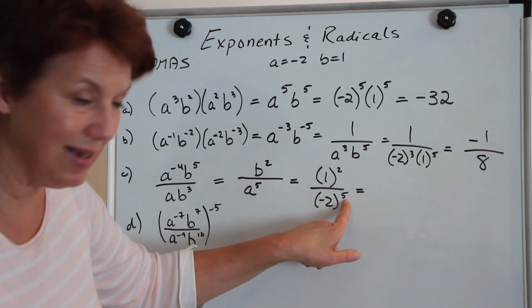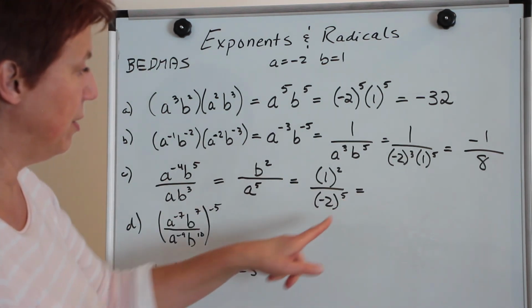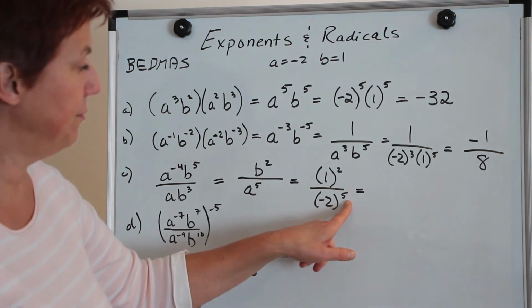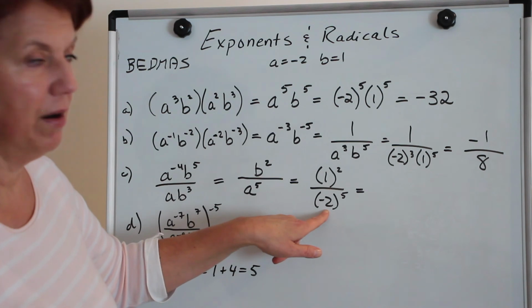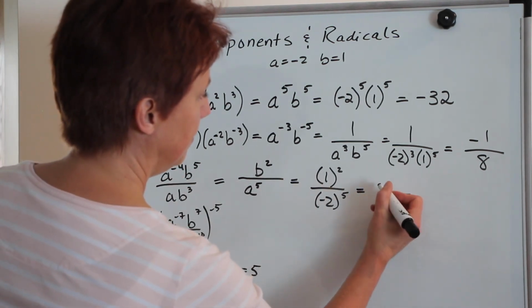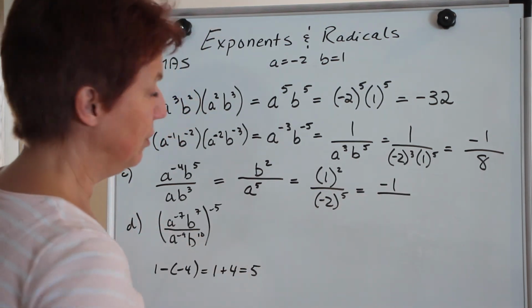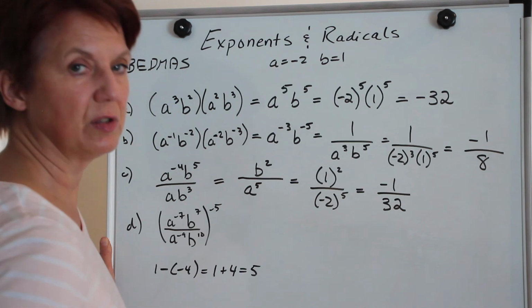If that was a 6, the final number would be positive because the negatives would cancel each other out. But because it's an odd number, 5, and because this is irrelevant to the final answer, our final answer will be negative. Because it's going to be negative, I'm going to put that negative in the numerator, and we get 32 because 2 to the 5 is 32.